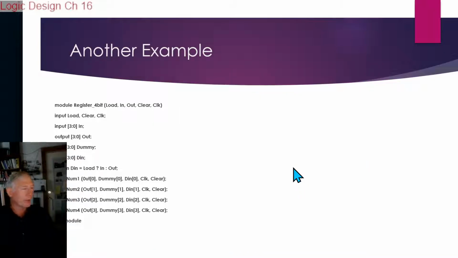Here we have another example. Now, in this example, which I'll go through here in just a second, we're going to show you a register, and this register has 4 bits, which means 4 flip-flops. And we're going to make this the hard way. We could do it the easy way by just defining the variable as a 4-bit register. But instead, we're going to instantiate 4 flip-flops.